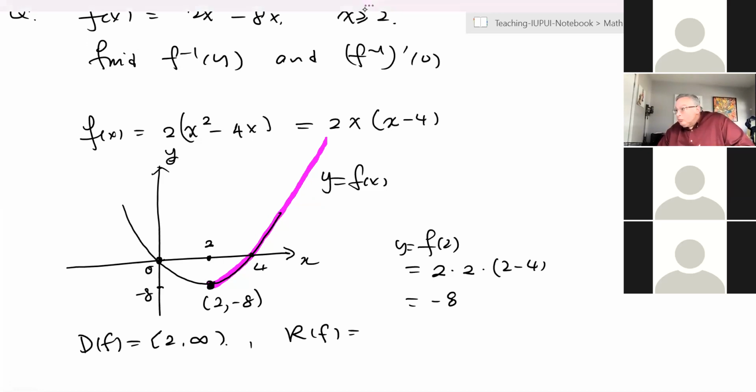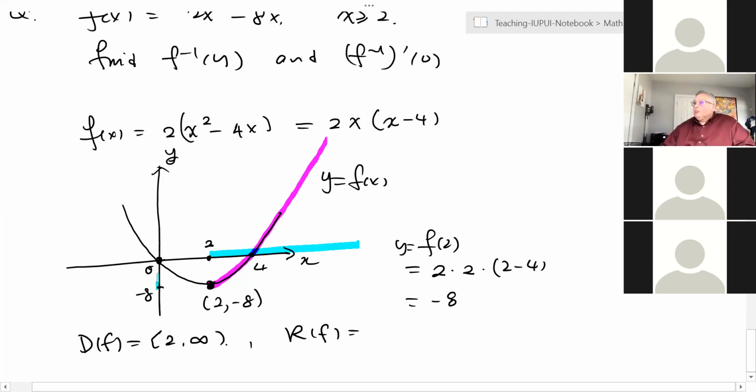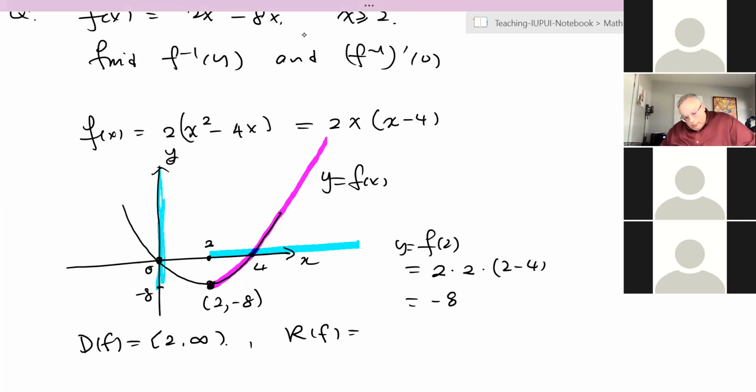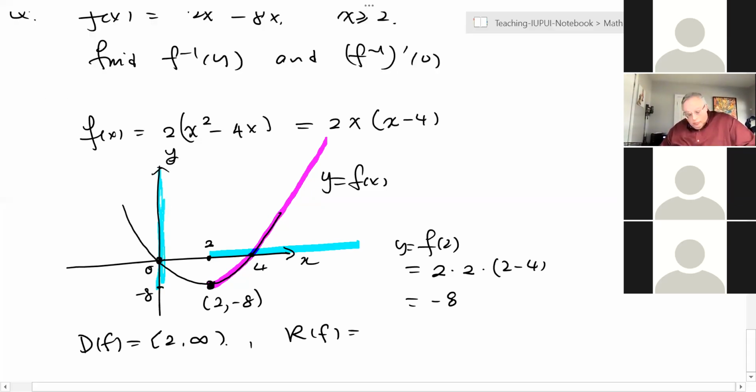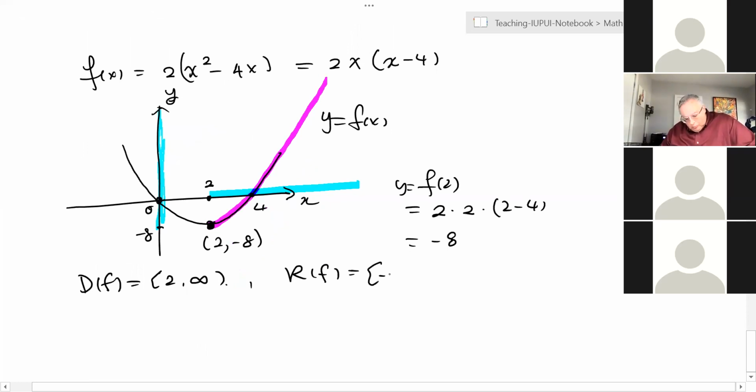Yeah, we have a 2. Let me mark the domain. Domain is this part, and the image is this part. So it's going to be from negative 8 to positive infinity.